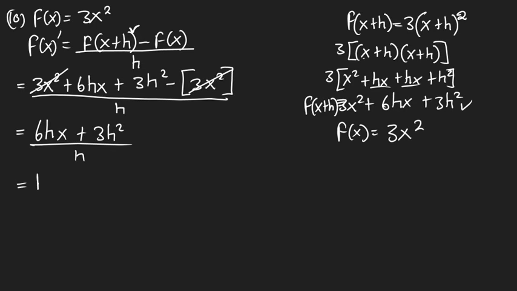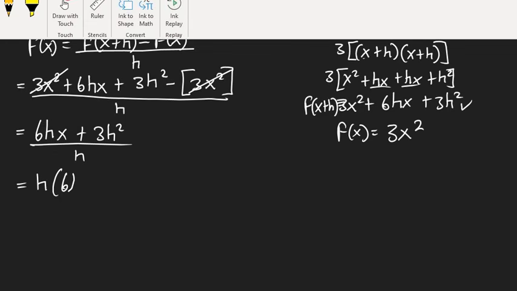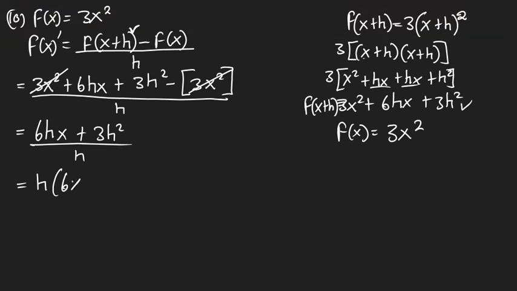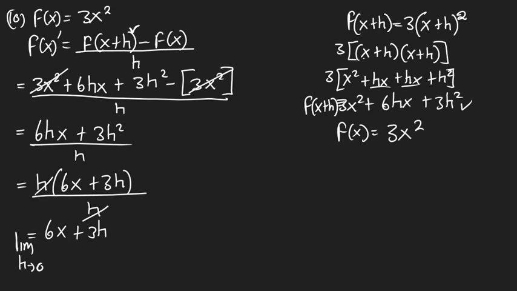What is common there? h is common. Then 6x plus 3h all over h. You cancel that, you cancel that. You're going to remain with 6x plus 3h. When you reach here, you now take the limit as h is approaching 0, and if you put 0 here, you find 0, so you're going to have the final answer as 6x. That is how you find the derivative of that particular function.